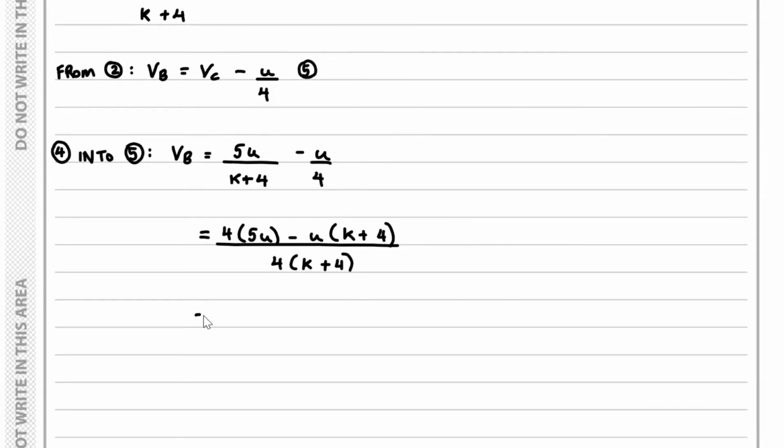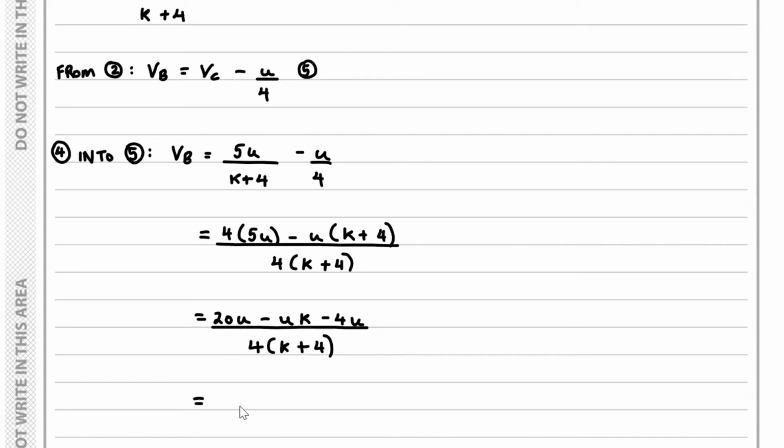So here we've got 20u minus uk minus 4u. On the bottom, we've got 4 lots of k plus 4.